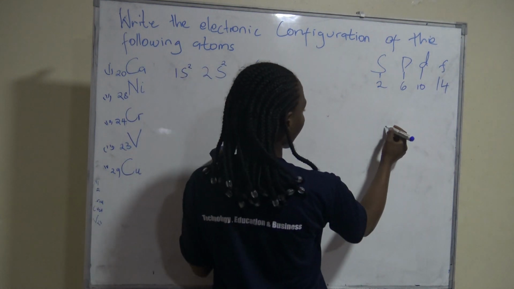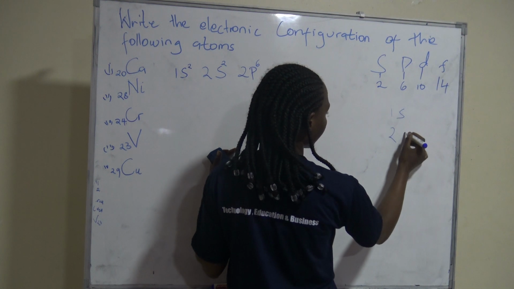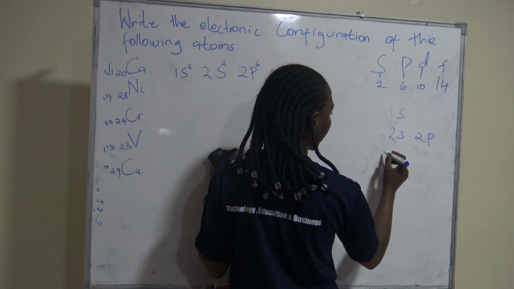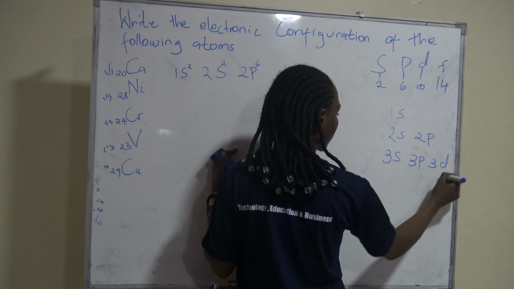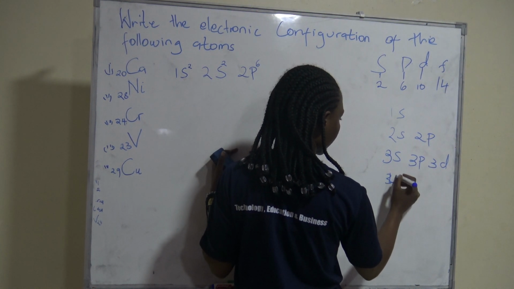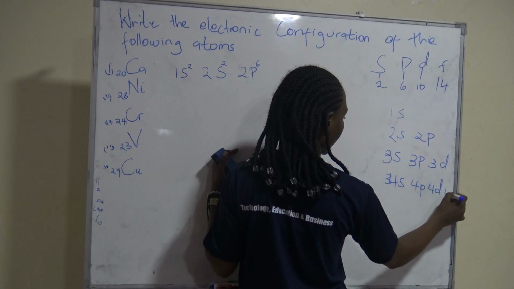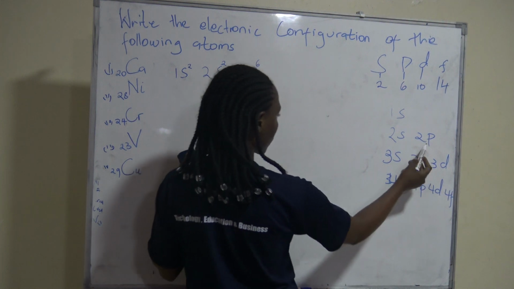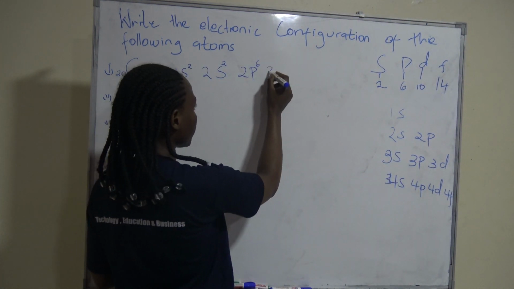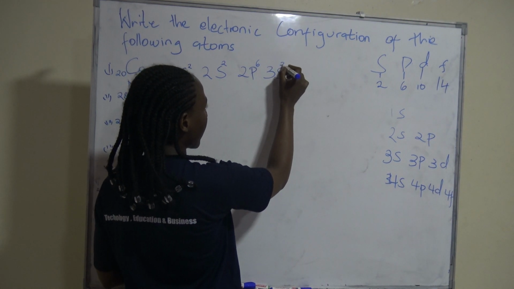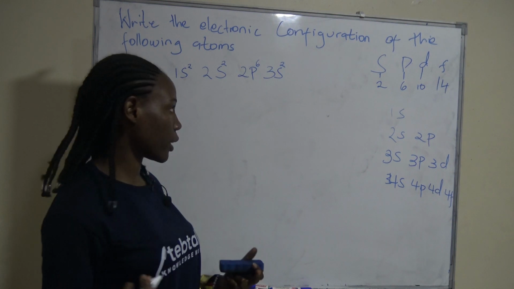From Aufbau's illustration of filling in the electronic configuration, this is how it goes: 4s, 4p, 4d, and then 4f. So from the 2p we go to the 3s, and as an s shell, it takes a maximum of 2 electrons.